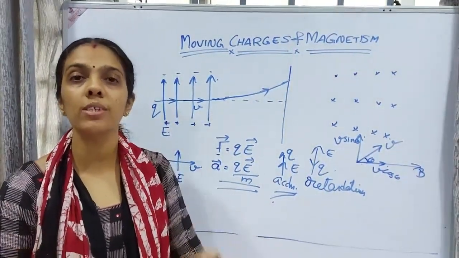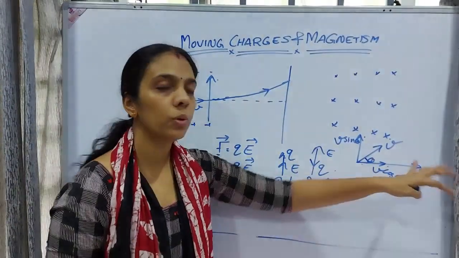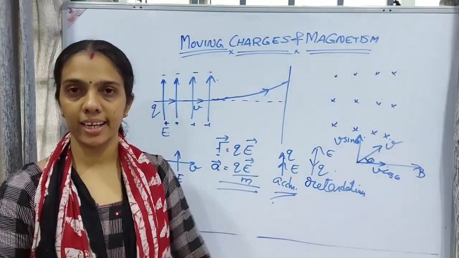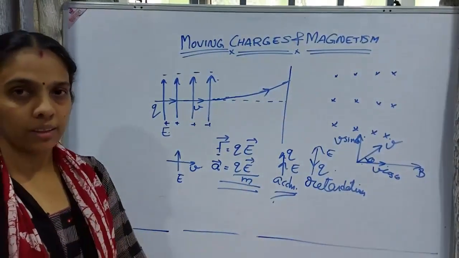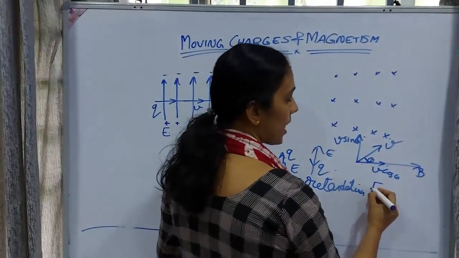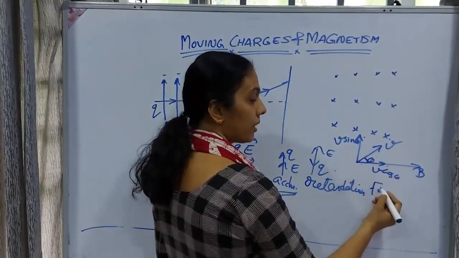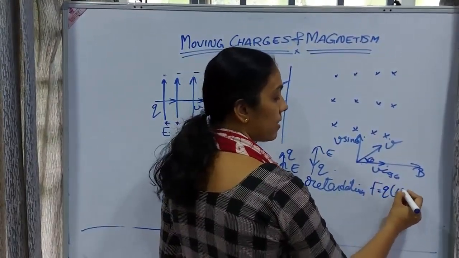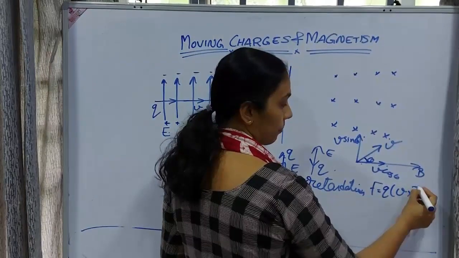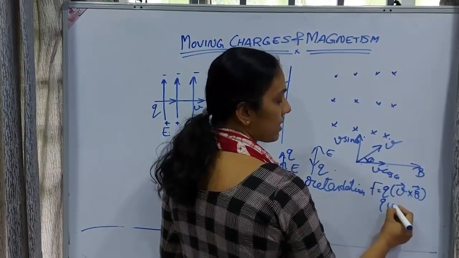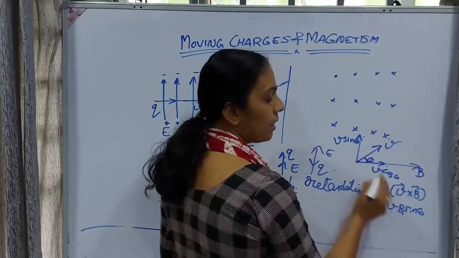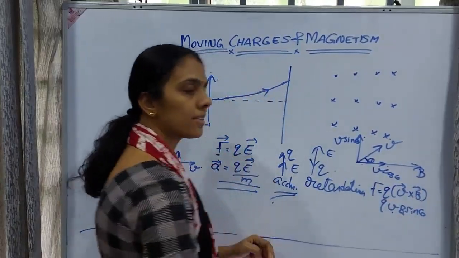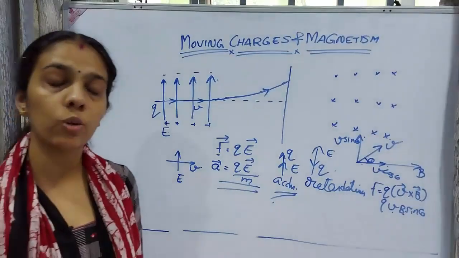There is no force acting on the system since both are in the same straight line. F is equal to Q into V cross B. The force acting on a charged particle because of the magnetic field B is Q into V cross B, QVB sin theta is the formula. So V and B are in the same straight line, then sin 0 is 0, we will get the force equal to 0.